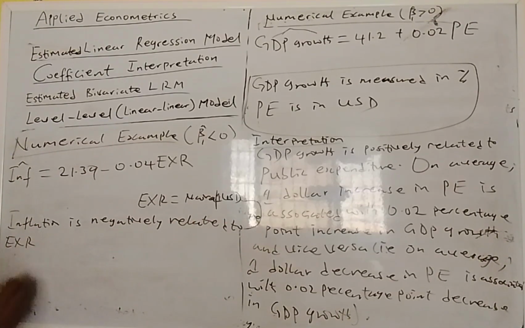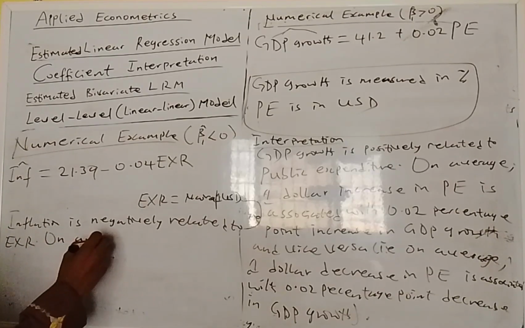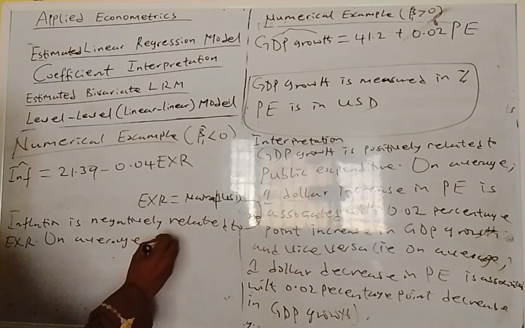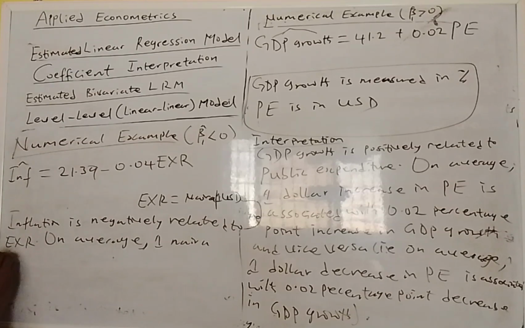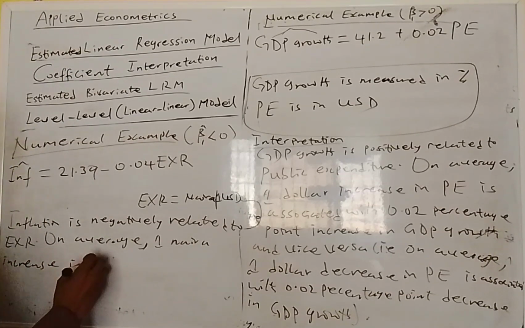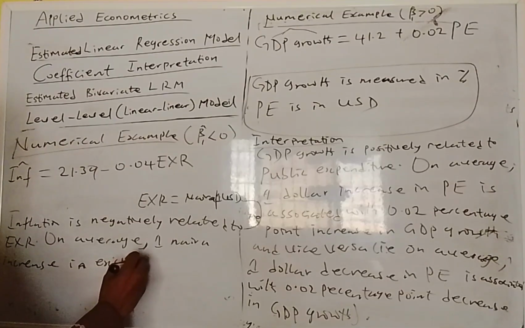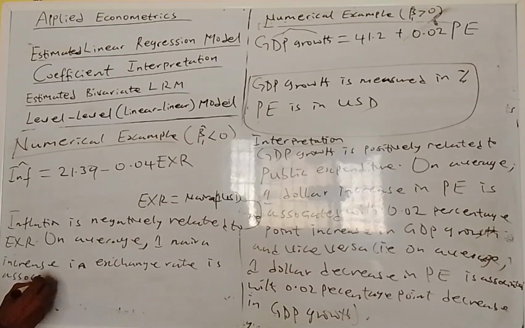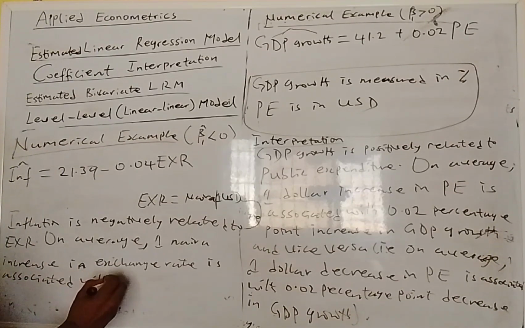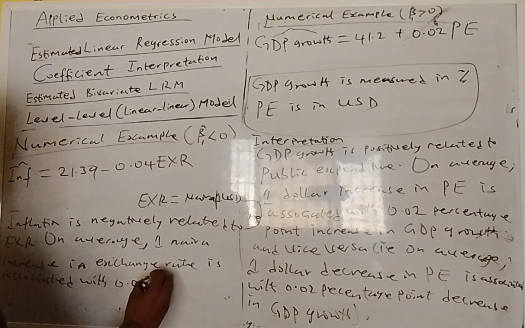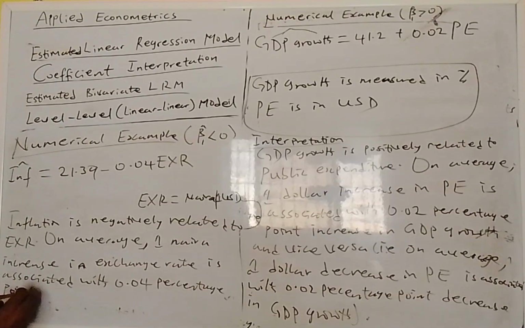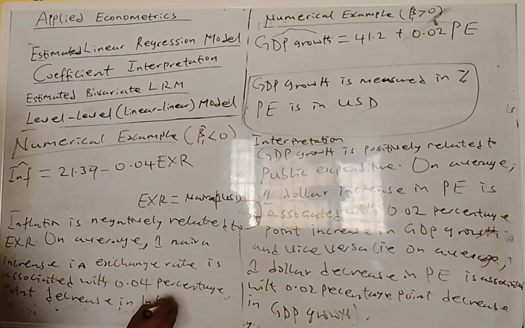That is, on average, a 1 unit increase in exchange rate is associated with 0.04 percentage point decrease in inflation.